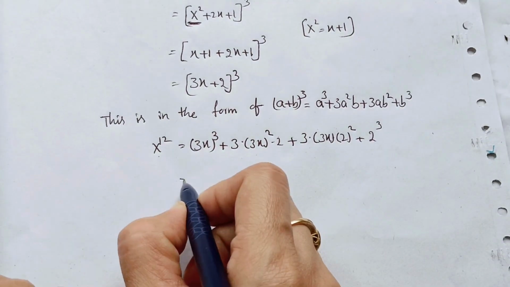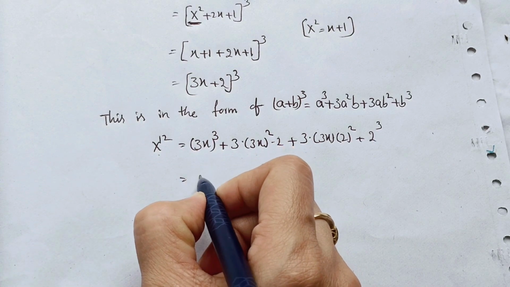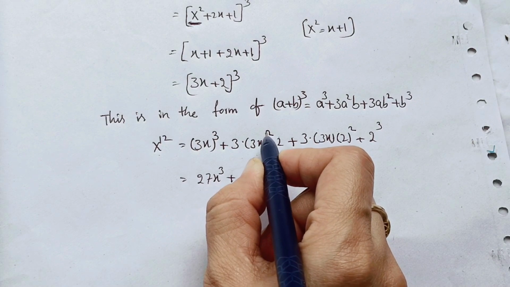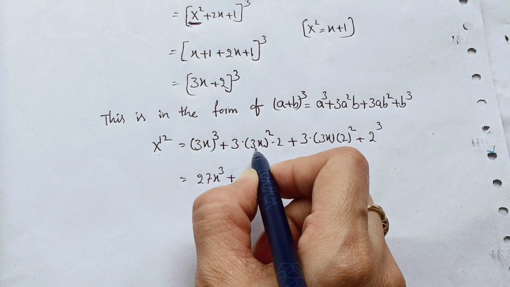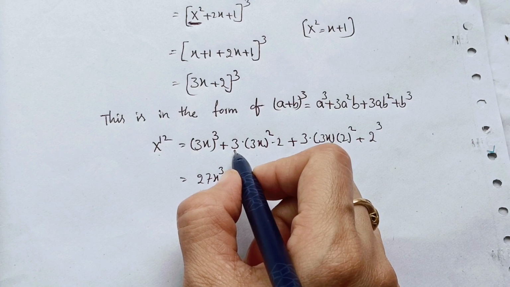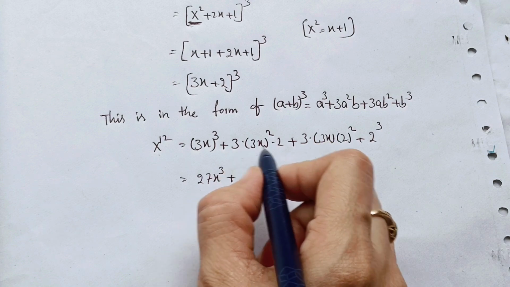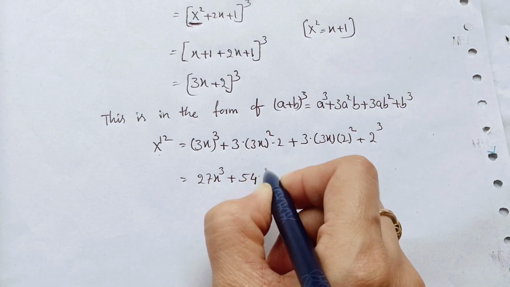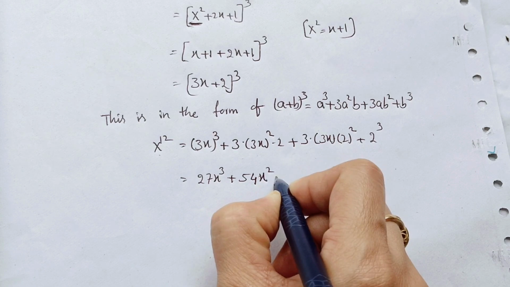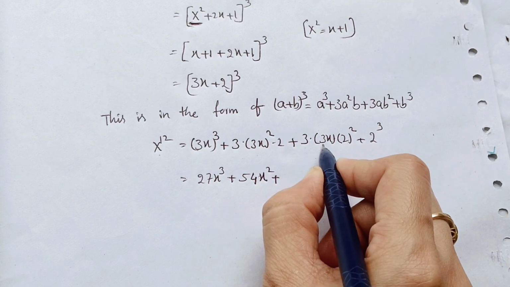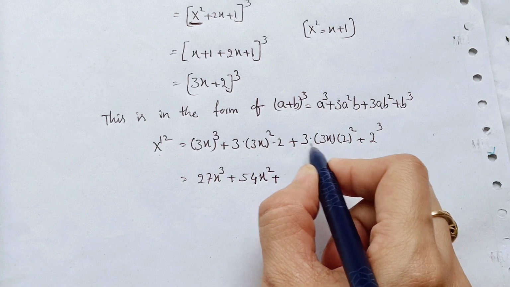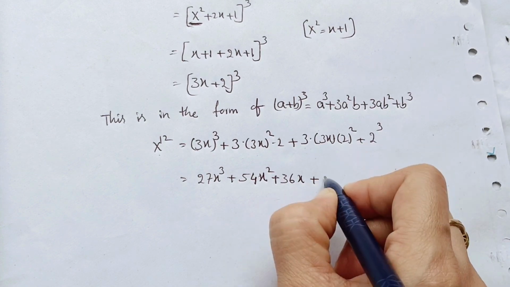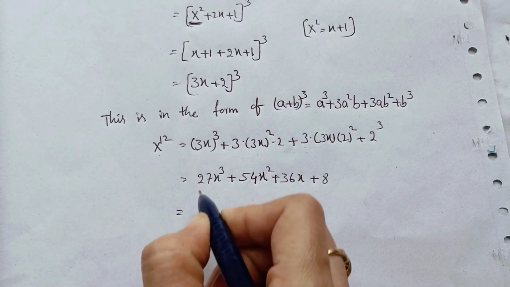So 3 cube means 27x cube plus, first we have to do the square here. 3 square means 9, 9 threes 27, 27 twos are 54, so 54x square, plus 3 twos, first 2 twos 4, 4 nines 36, so 36x plus 8.